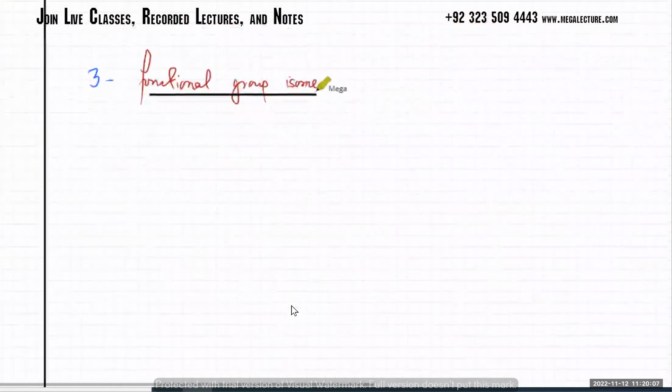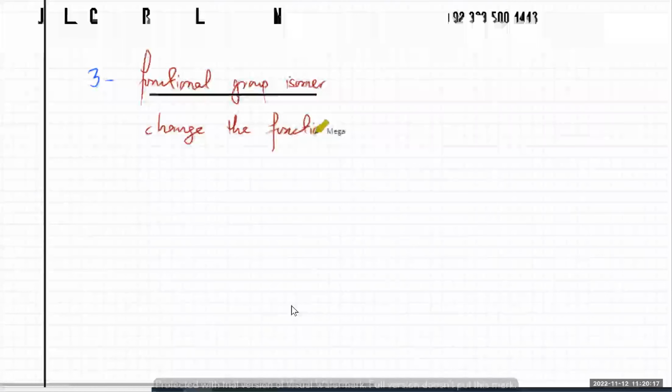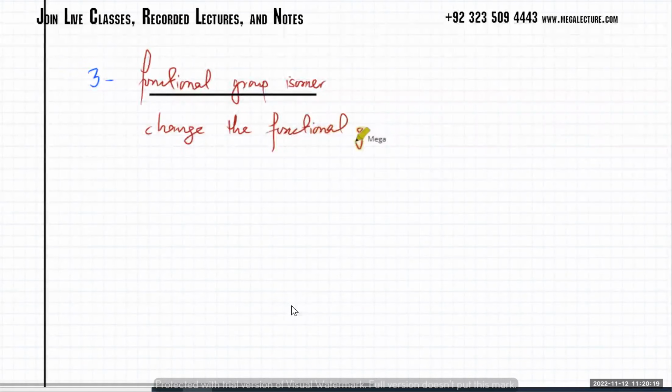Now, what happens in a functional group isomer is that you just change the functional group. Now, a lot of your ये जो homologous series हैं, they're basically functional group isomers of each other.